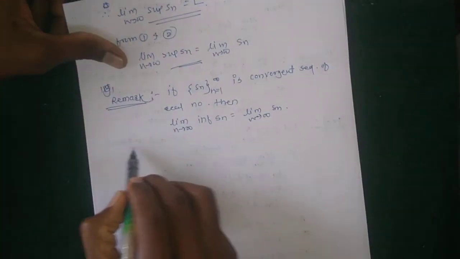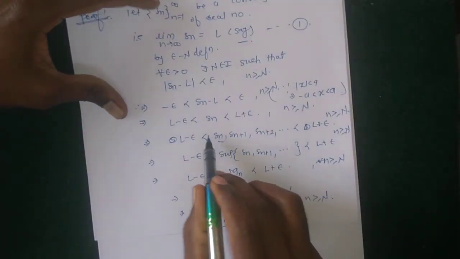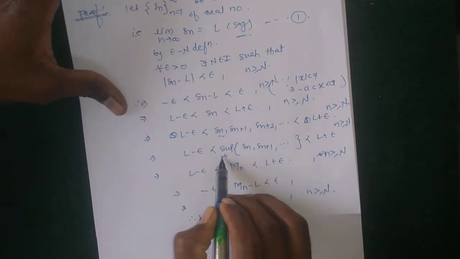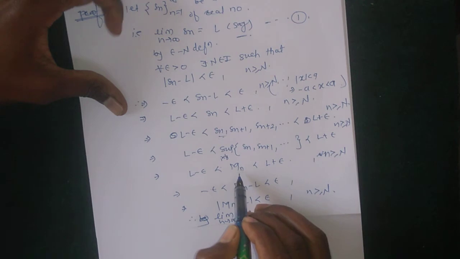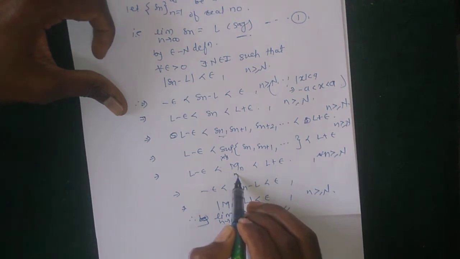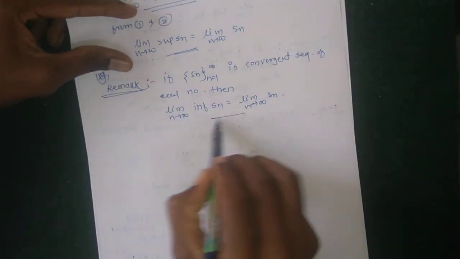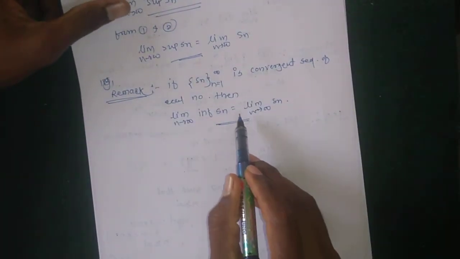How to prove? Only change: the proof is the same, only replace supremum by infimum, and capital Mn by small mn, and write the rest as it is. So the limit as n tends to infinity of the infimum of Sn is equal to the limit of Sn.